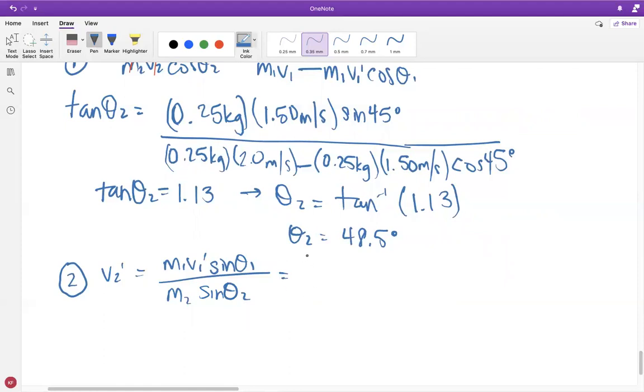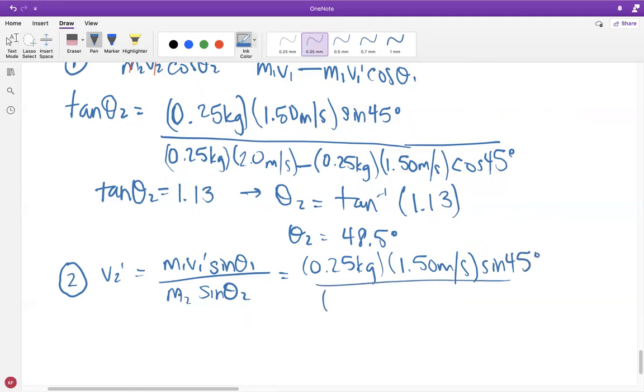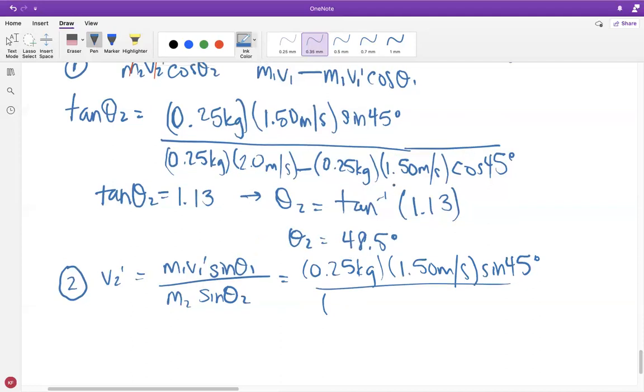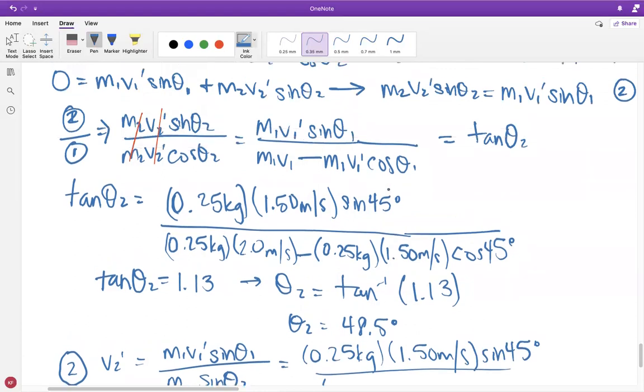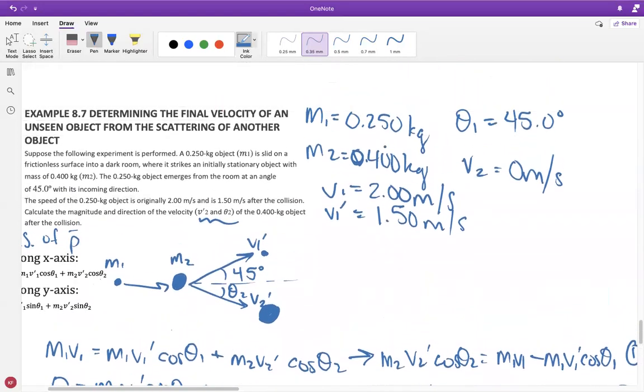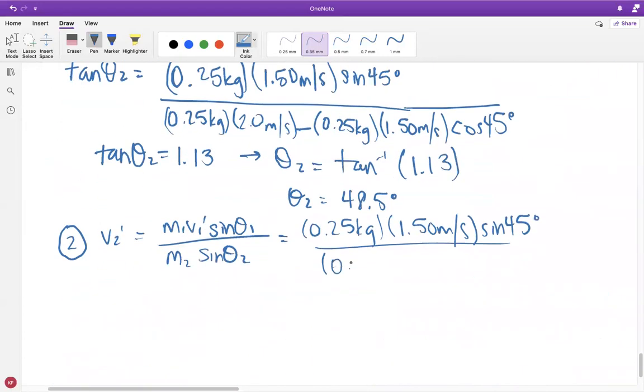So we can plug all of those numbers in: 0.25 kilograms, 1.5 meters per second, sine 45 degrees, divided by M2, the second mass, 0.4 kilograms, times sine of that 48.5 degrees.